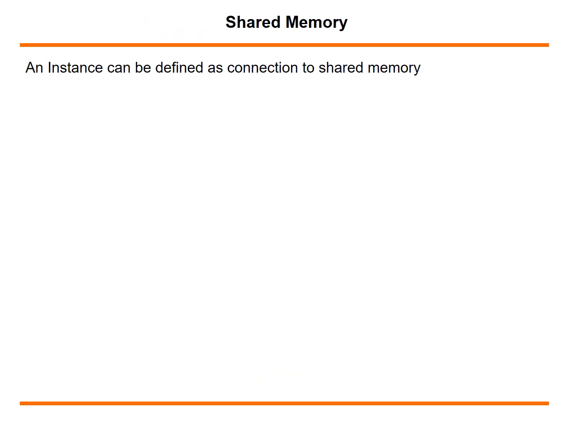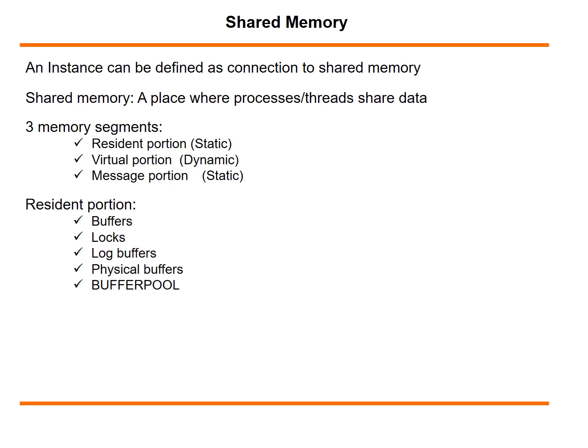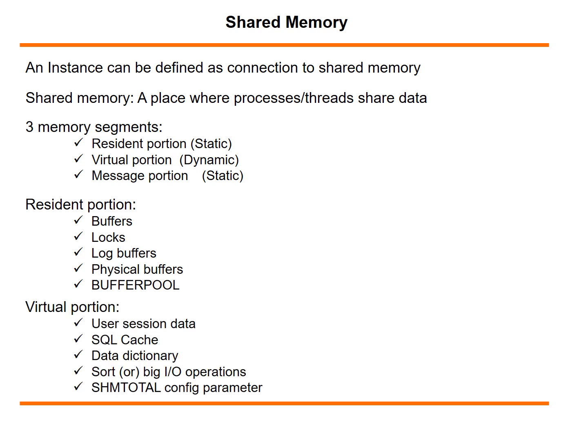Okay. Next, what is shared memory here? An instance can be defined as a connection to shared memory. Shared memory is a place where processes or threads share data. As I said, there are three memory segments. One is the resident portion, which is static. Another is the virtual portion, which is dynamic, and the third is the message portion, which is static. What components are available in the resident portion?